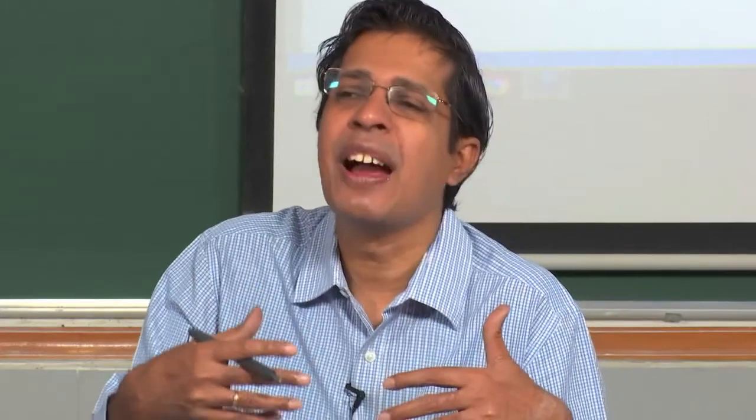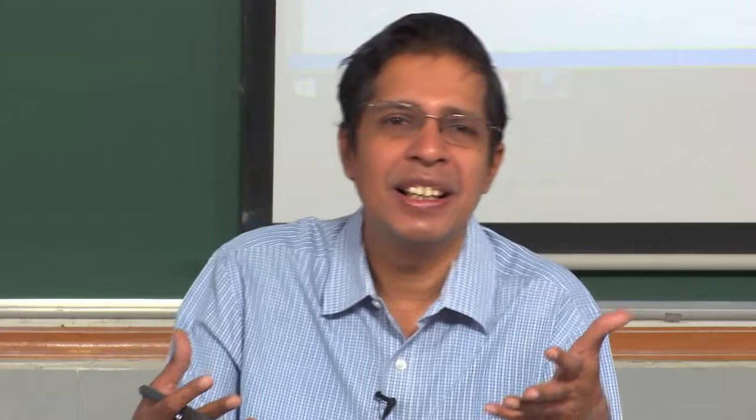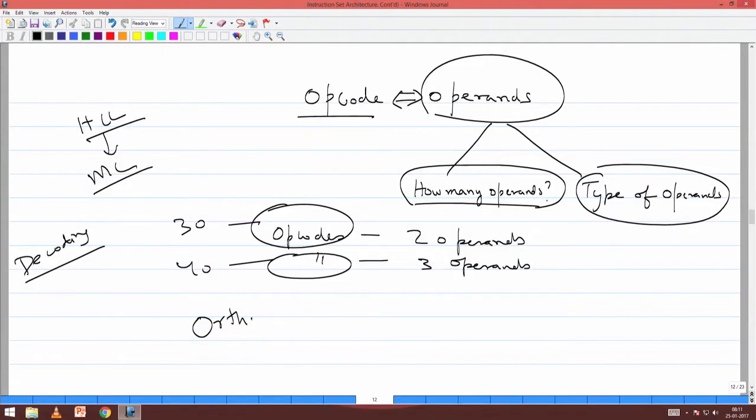When we see the actual hardware, we will understand what it means for hardware to understand instructions. But I can understand the operands concurrently, while I am trying to interpret the opcode. So instruction set architectures where the opcode is independent of the operands and vice versa are called orthogonal ISAs.